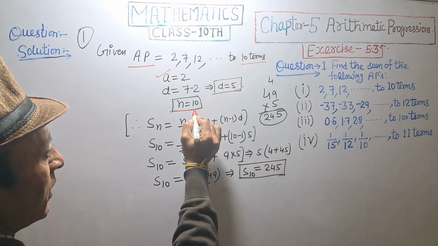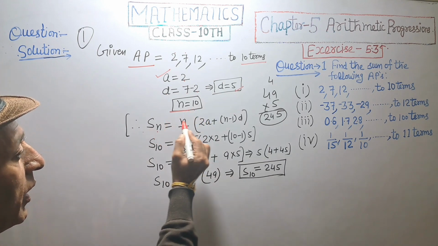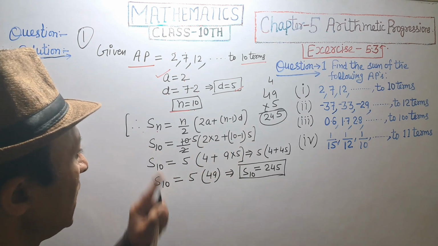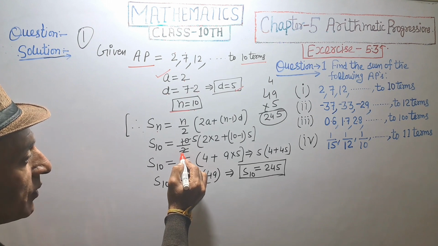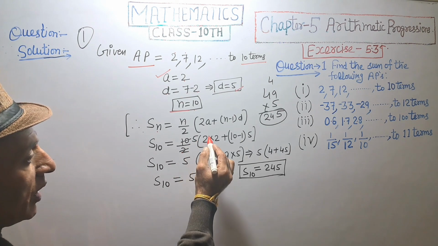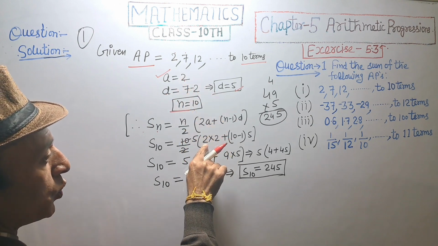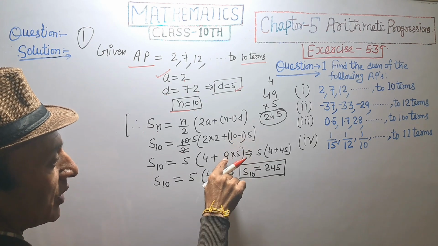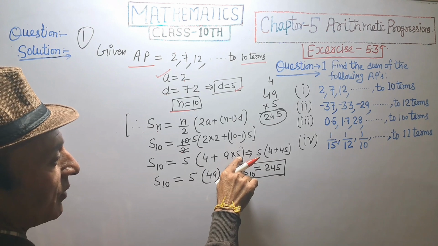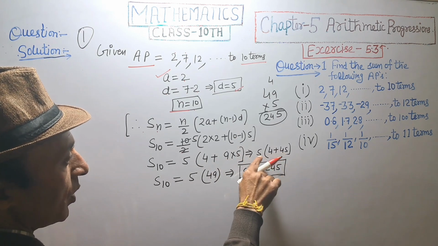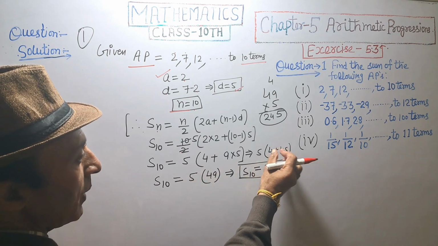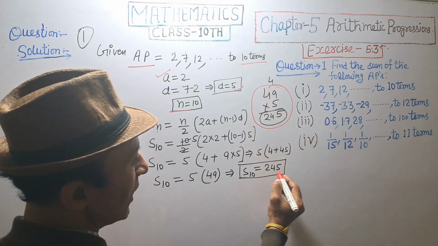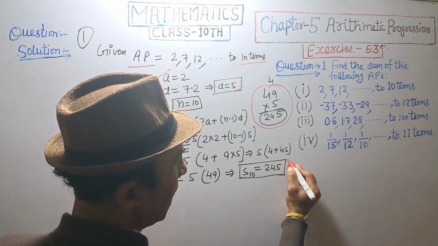N is here 10, so Sn is equal to n upon 2, 2a plus n minus 1 into D. S10 is equal to 10 divided by 2, that is 5. 2 into A is 2, 2 2s are 4 plus 9, 10 minus 1 is equal to 9, multiply by 5, 9 5s are 45, 5 multiply by 45 plus 4 is 49, and 49 multiplied by 5 is equal to 245. Answer.